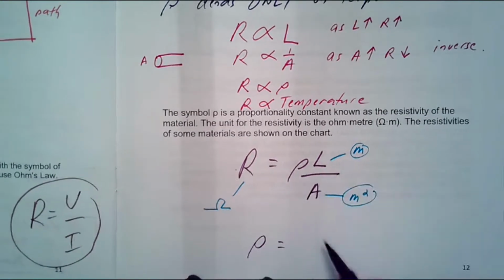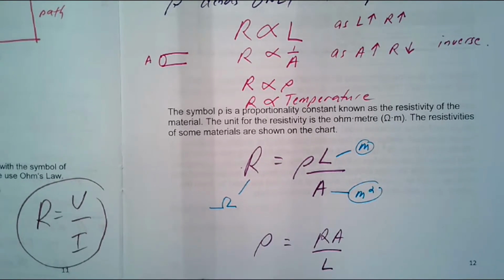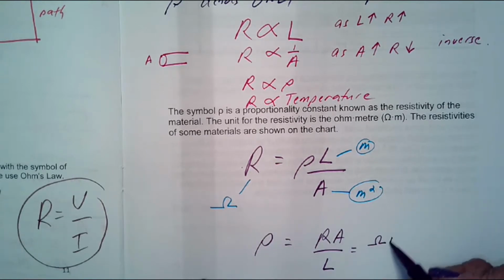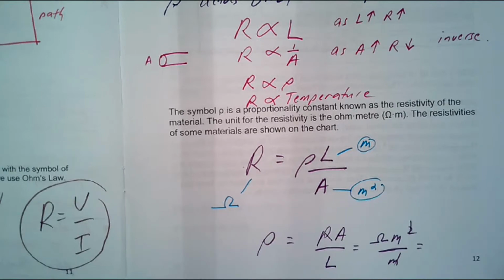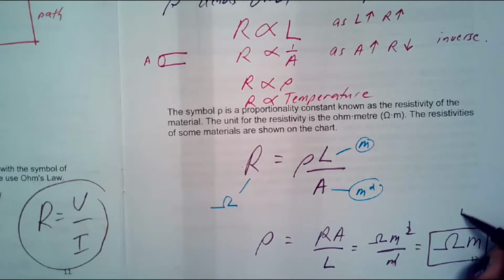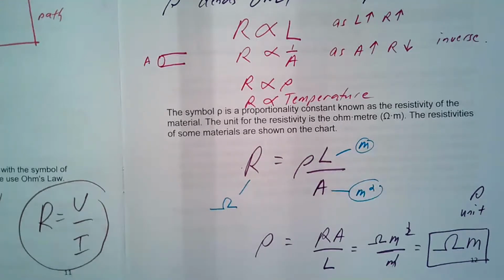So isolating rho, then you get R A over L. So the unit for R is ohm, the area is meters squared, and the length is meters. So canceling one of the meters here, resistivity has a unit of ohm meter. The unit for resistivity is ohm meter. That actually sounds like a meter that measures the resistance of the circuit, ohmmeter.